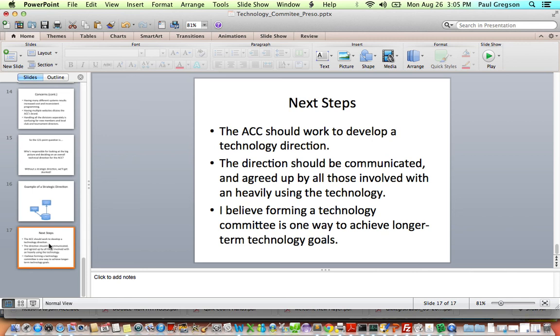Right now we have committees for rules and ethics, groups of people who are setting the strategic directions for those components of the American Cribbage Congress, and we really don't have that leadership and direction on the technology side, which I think is one of the reasons we are where we are from a technology perspective.